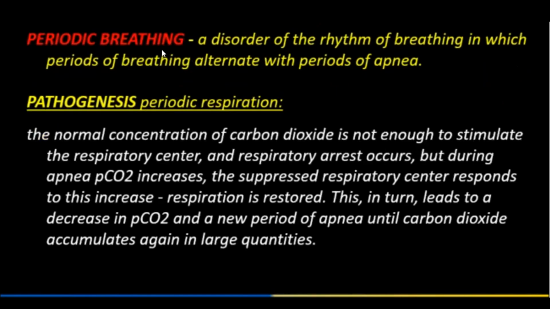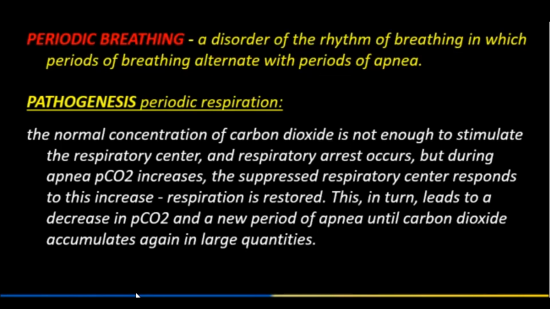Periodic breathing is a disorder of the rhythm of breathing in which periods of breathing alternate with periods of apnea. In the genesis of periodic respiration, the normal concentration of carbon dioxide is not enough to stimulate the respiratory center, and respiratory rest occurs.